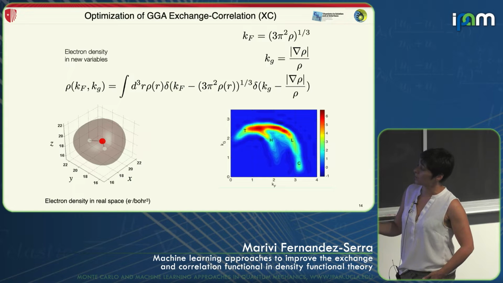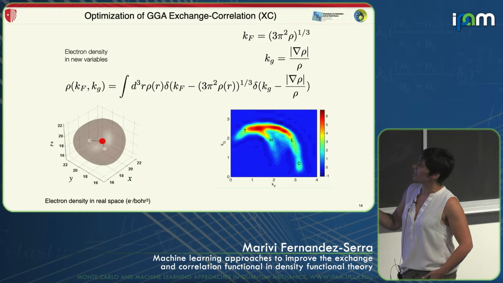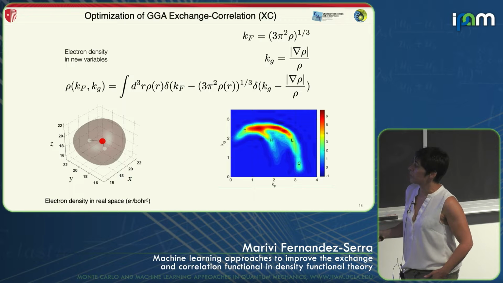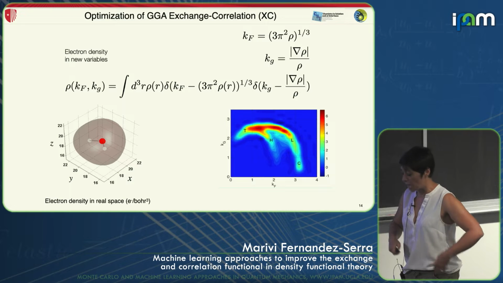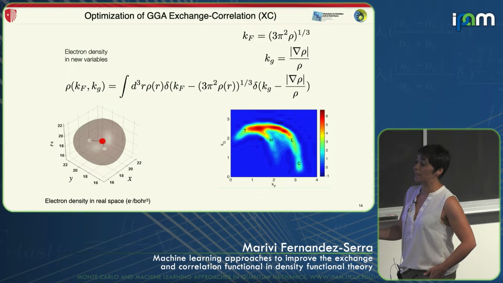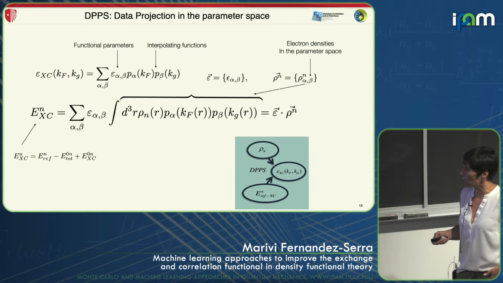However, when you make this transformation of going from density and gradient to KF, KG, so this Fermi momentum and this normalized gradient of the density, you come here where now everything is much more uniform. And indeed, I could have one water molecule, I could have 100 water molecules, and still they will map to something that looks, not exactly, but approximately like this. So now I have something much more uniform.